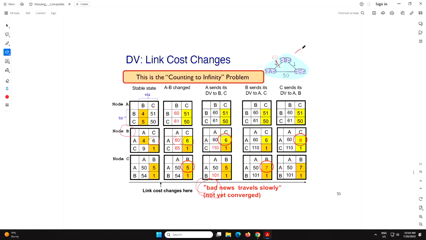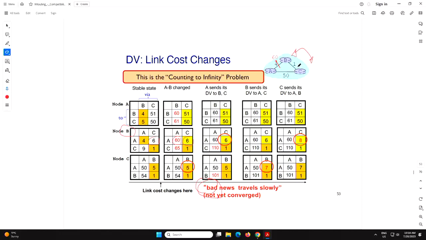And they keep exchanging this unrealistic value to each other for a long time until it gets incremented and becomes larger than 60, right? When it becomes larger than 60, then B will think that I don't need to go via C. I can go directly to A, and the cost is 60.